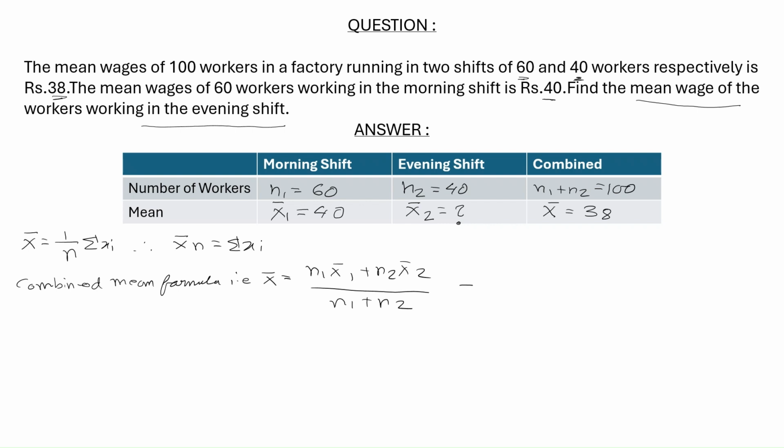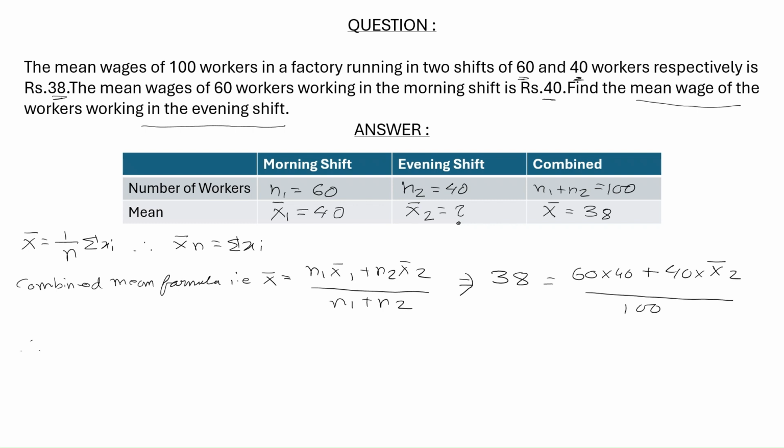Let's put in the numbers. X bar is given as 38, n1 is 60, and X bar 1 is 40. So 38 is equal to 60 into 40 plus 40 into X bar 2, and the total is 100. We need to find out this X bar 2.